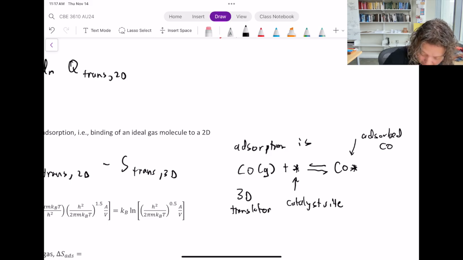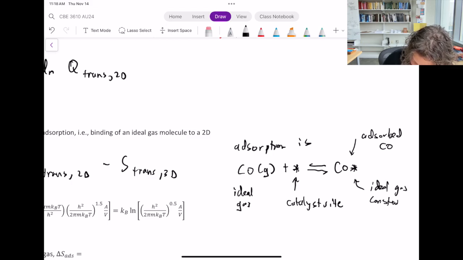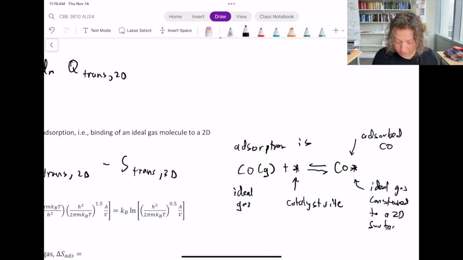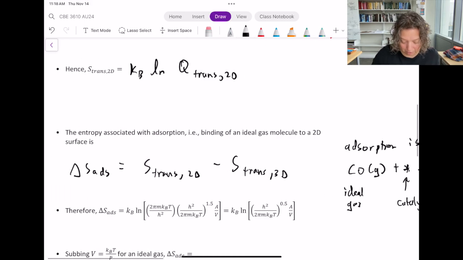We'll say this is your ideal gas. And this is your ideal gas, now constrained to a 2D surface. So if I want to take the entropy of that process, I take the entropy of the products minus the entropy of the reactants. That's going to give me my 2D translator minus my 3D translator.